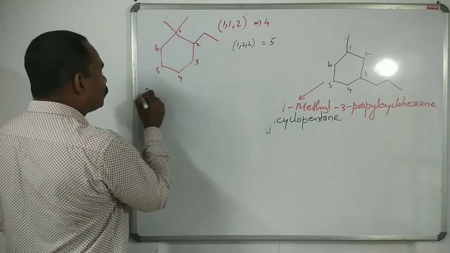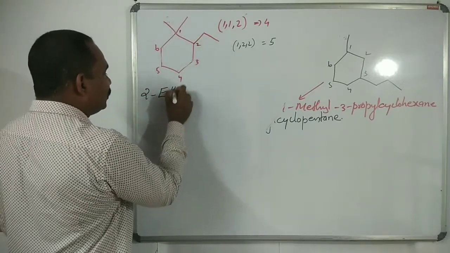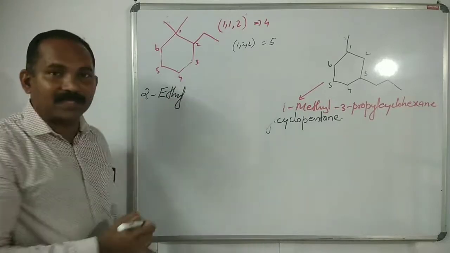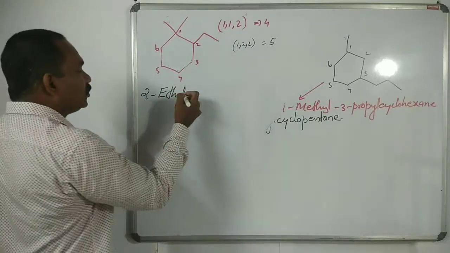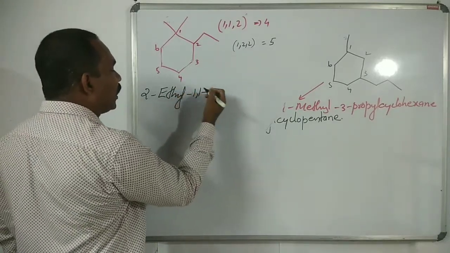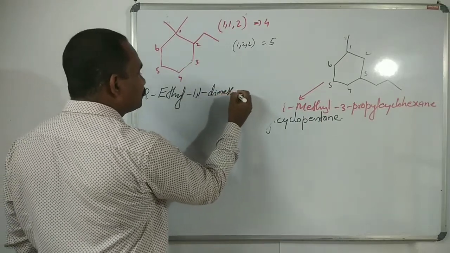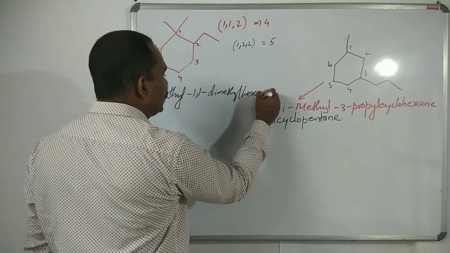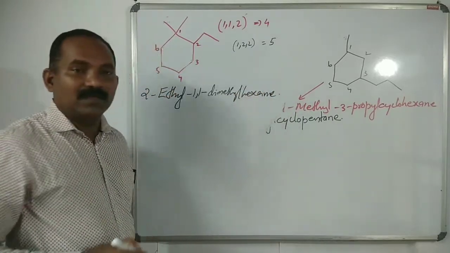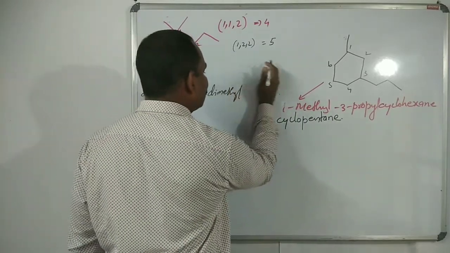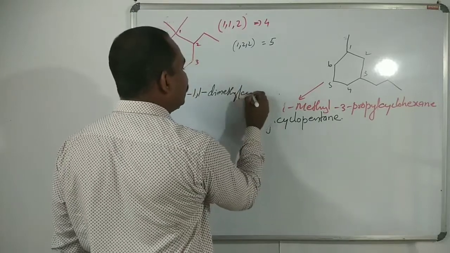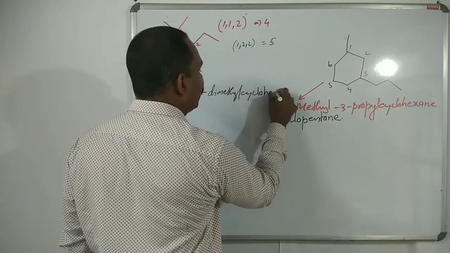So 2 ethyl. Listing must be in alphabetical order. That's very important. 2 ethyl, 1 comma 1 dimethyl cyclohexane.